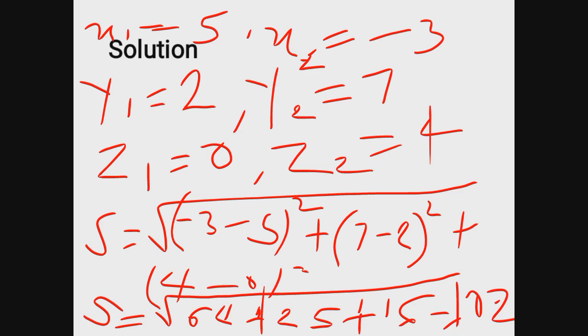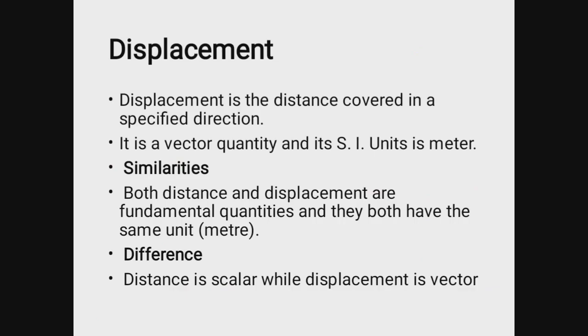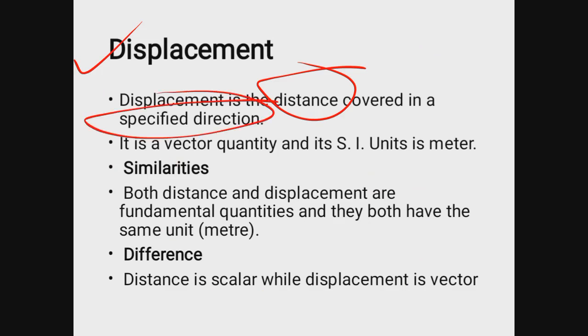I hope this is also clear enough. Then if this is clear enough, let's move to the next subtopic, which is displacement. And what is displacement? How is it similar to distance? Actually, displacement is also a distance, but what kind of distance? A distance that is covered in a specified direction.